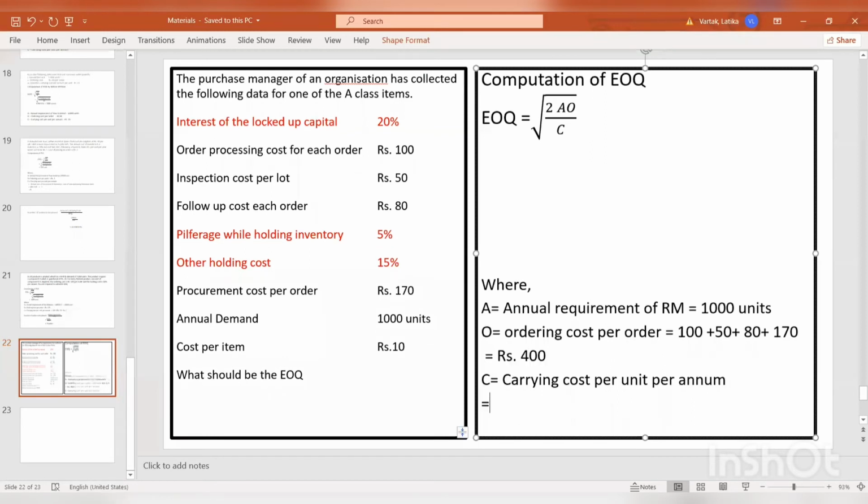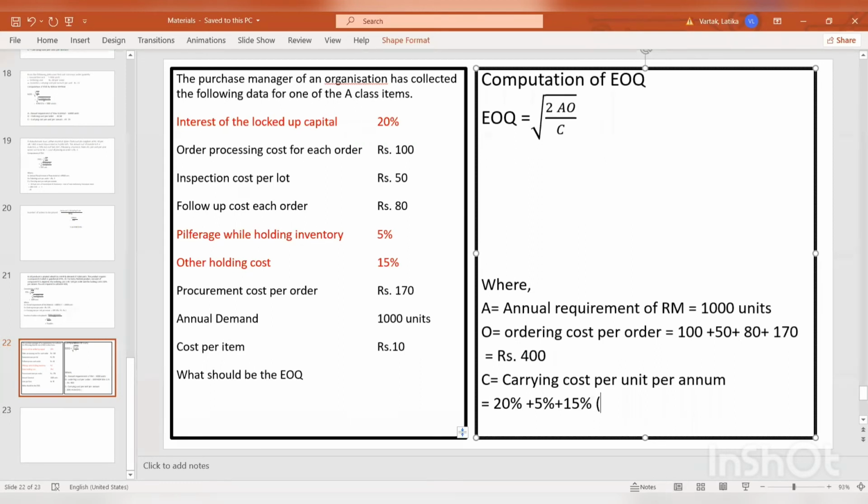So we'll move to these red marks. So 20% plus 5% plus 15% of what?